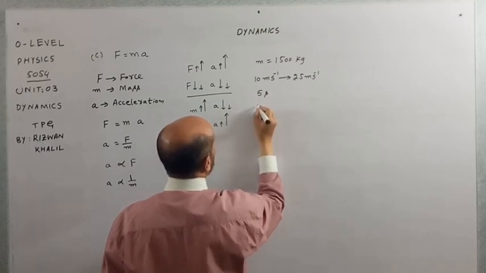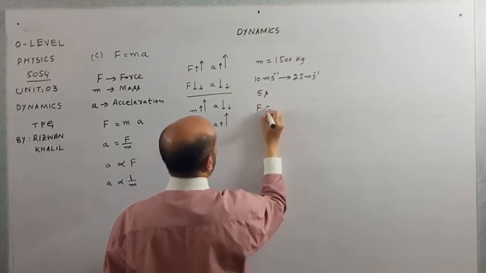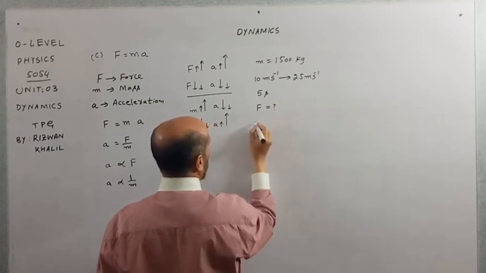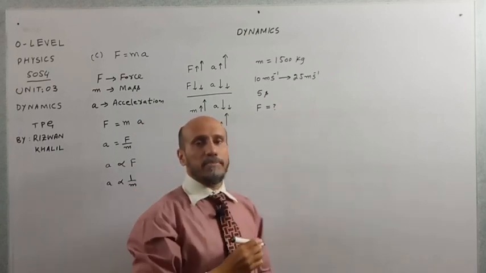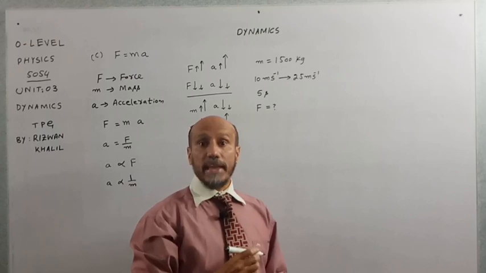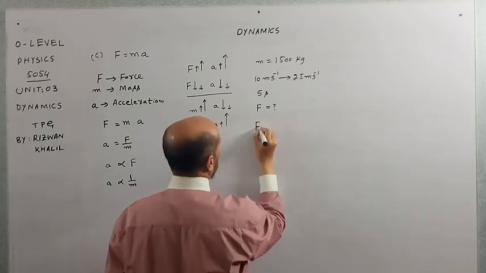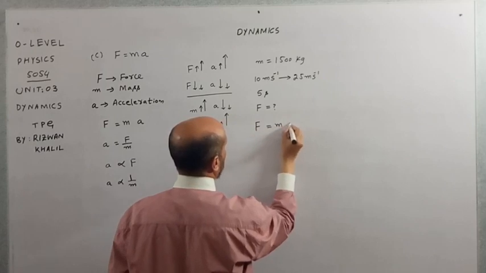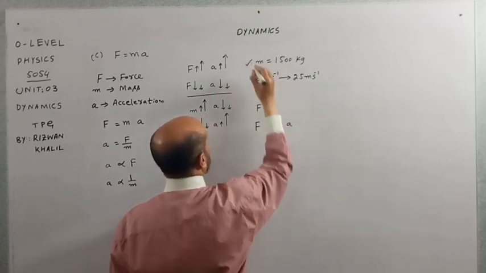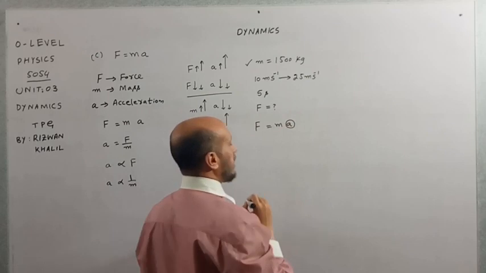We have to find the value of force. What was the formula of force if mass and acceleration are given? F equals ma. So I will write here F equals ma. The value of mass is given, but where is the value of acceleration?